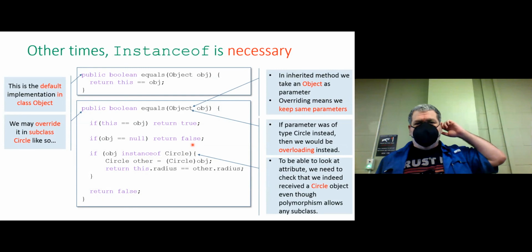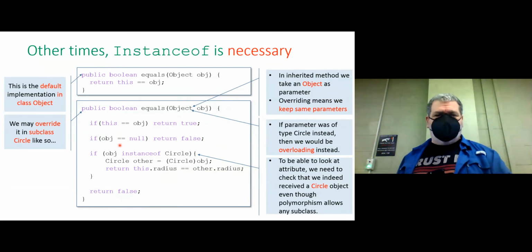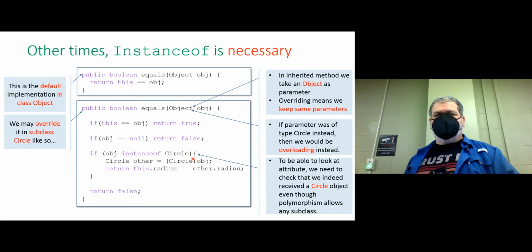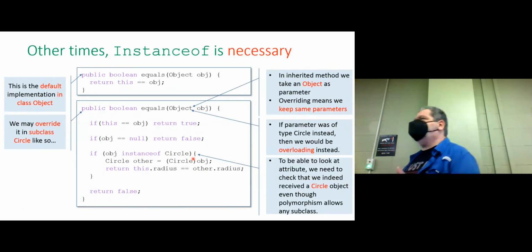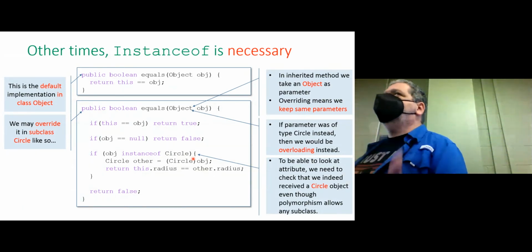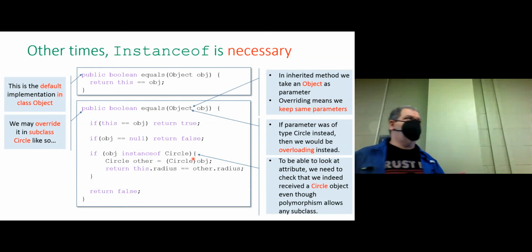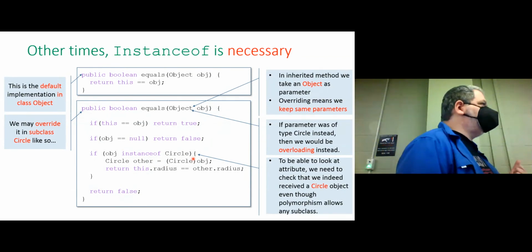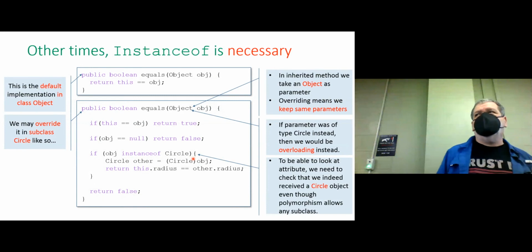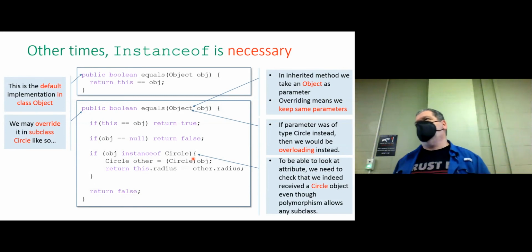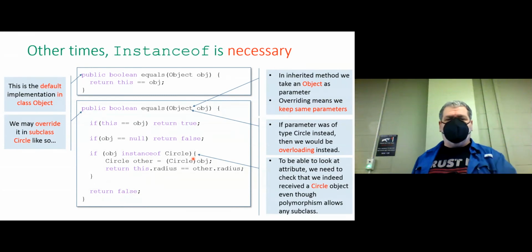And then finally, if I didn't return true or false, if the object is an instance of circle, now I'm trying to do the comparison that is specific to this class, the class circle. So I'm making sure that you actually gave me a parameter of type circle, and the way that I ensure that is with the instanceof operator.